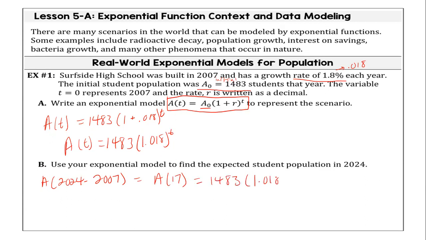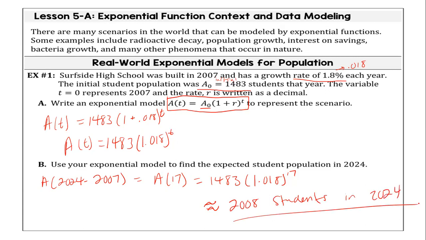Oh my gosh, that was so horrible. So approximately, I'm going to use an approximate symbol. How many students would be enrolled at the school in 2024? 2008 students is the predicted population.